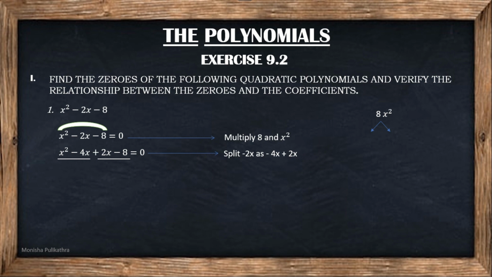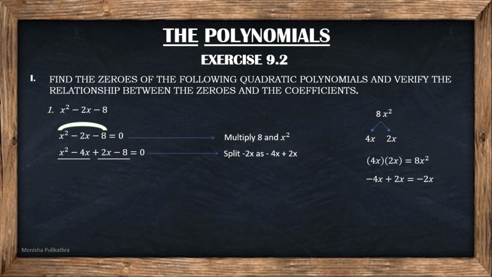So how are we splitting it? See here, after multiplying the extreme terms, you will get 8x square. The 2 new separate terms which we have to replace here should follow some conditions. If you multiply those 2 terms, you need to get that 8x square. If you add or subtract those 2 terms, then you need to get the middle term. So this is the condition.